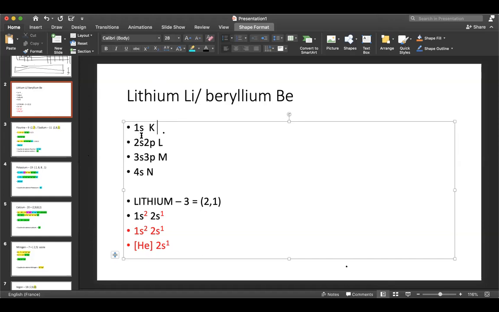Now, the energy levels have subatomic shells. If it's an L energy level, it has the S and the P. If it's the M energy level, it also has the S and the P. If it's the N energy level, it also has the S and the P and something else also.